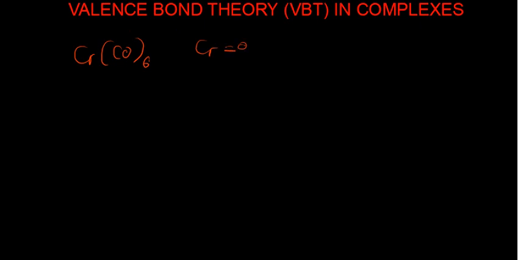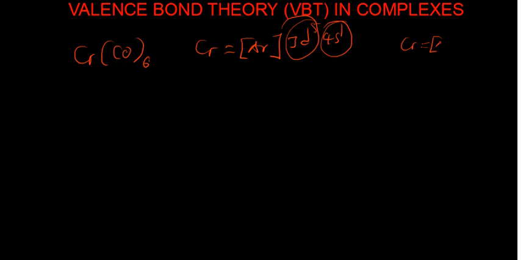So the electron configuration for chromium in this case is going to be that of argon, and then 3d5 4s1. So chromium is one of the exceptions to the rules of filling orbitals. Because we are supposed to fill first the 4s with 2 electrons and then go to the 3d. So actually we expected the electron configuration for chromium to be argon, then 3d4 4s2.